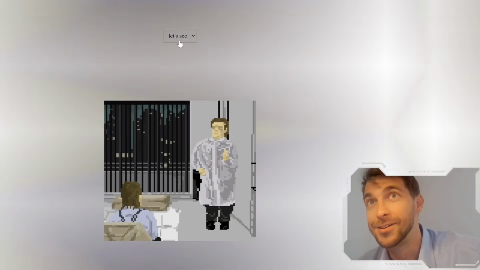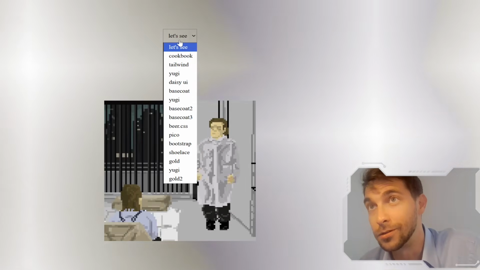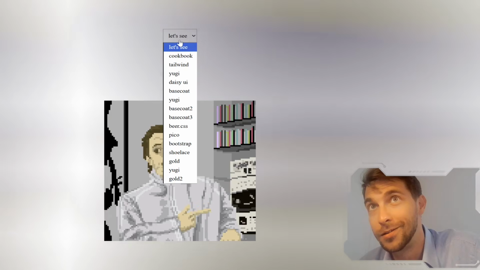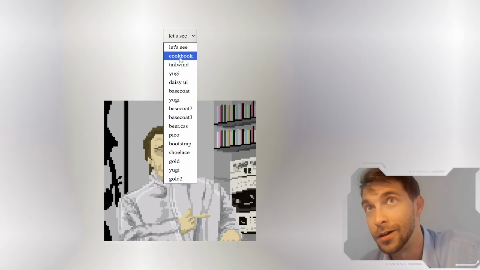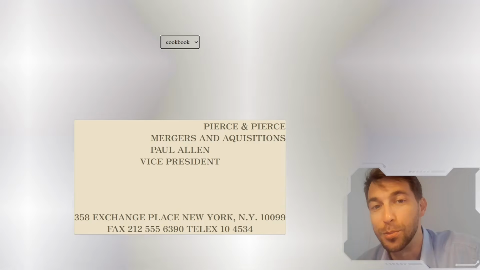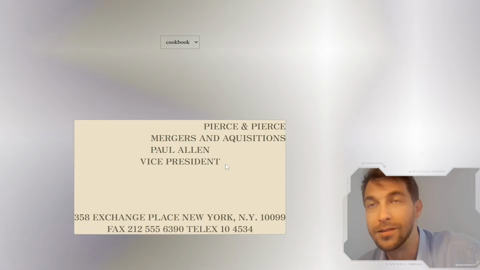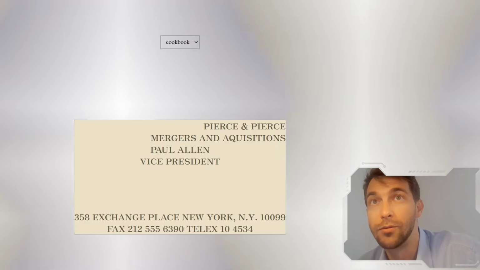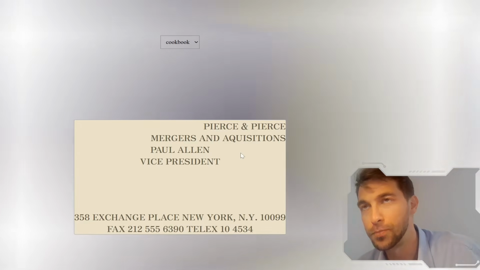Let's look at the official Mozilla card. Without further ado, ta-da! It's not bad. Pierce & Pierce Mergers and Acquisitions, Paul Allen, Vice President, 358 Exchange Place, New York. We have a fax and we have a telex.